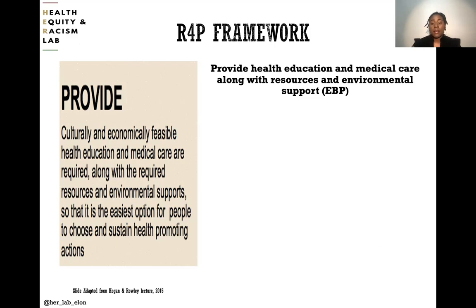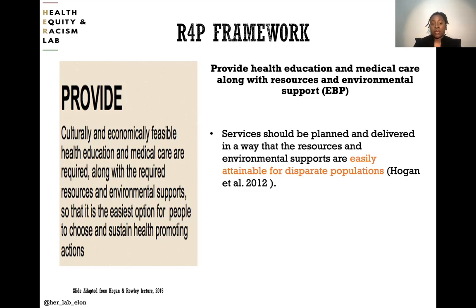But it's also about making sure that those services that we're providing are planned out and delivered in a way where the resources and the environmental supports are easily attainable for disparate populations, where we're factoring in other structural and social determinants of health that might be at play that impede certain populations from accessing the health education and medical care and evidence-based practice that we know can work to improve health.